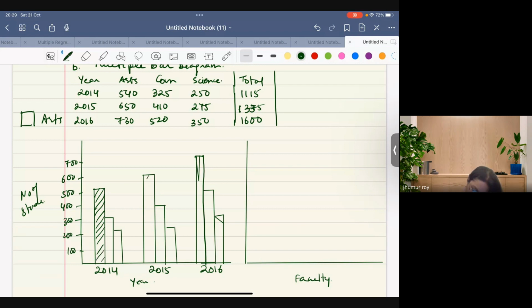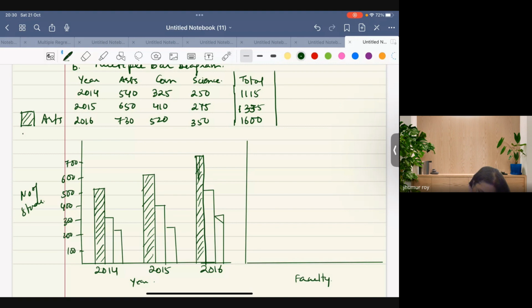So this line is showing you the number of students who are there in arts in the 3 years.